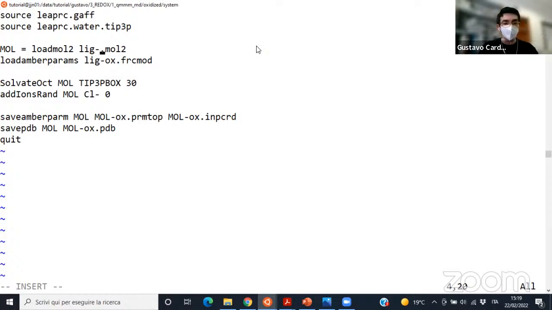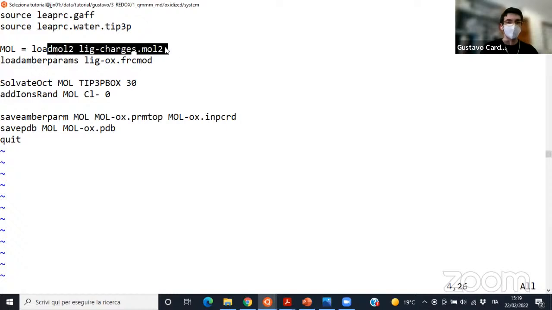So instead of mul2, sorry, lig ox. No, yeah, it's called minus charges, right? So please either change the name as I did of the mul2 file, or rename the charge in your terminal. Either will just work. For us, it is important just to import these charges.